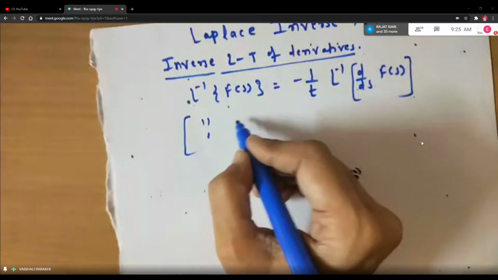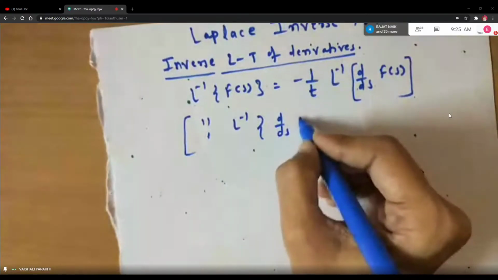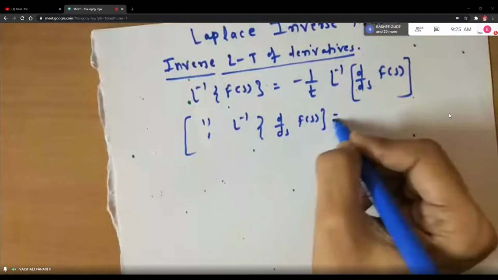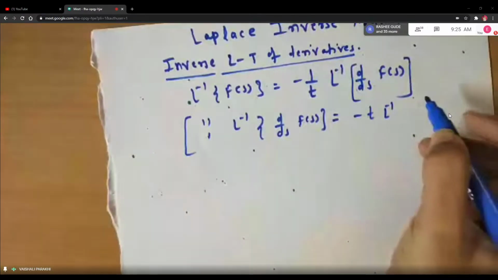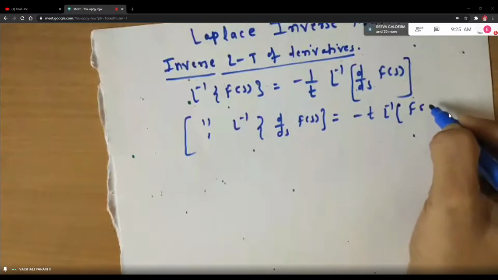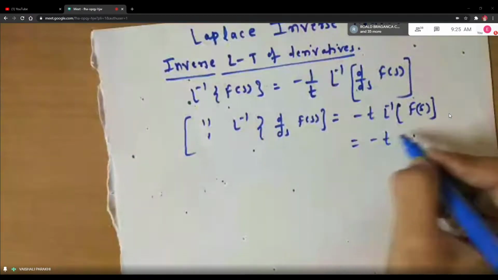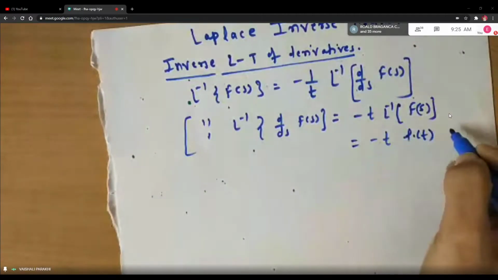The reason I am giving here is that L inverse of d by ds of f of s is equal to minus t L inverse of f of s, that is minus t into f of t.